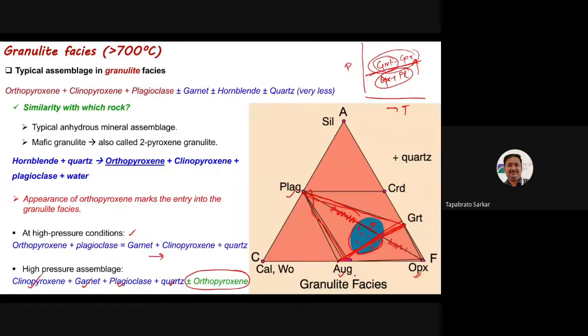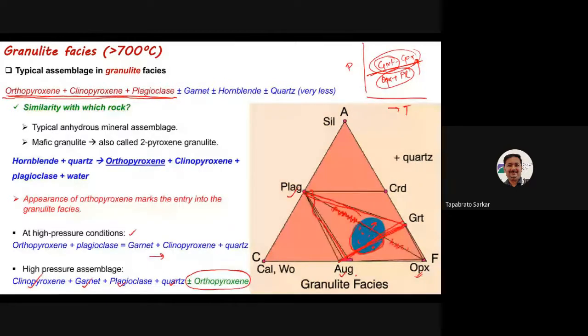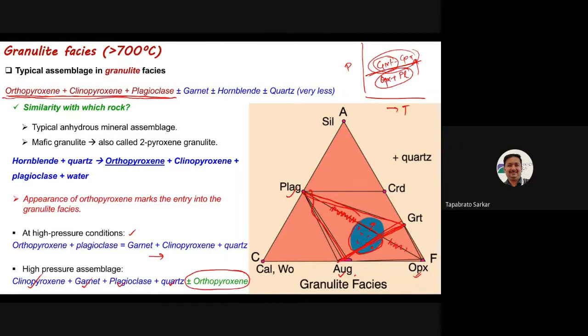One thing I missed to say. This mineralogical composition, OPX, CPX, plagioclase, tell me, what rock can you think of which has a similar mineral assemblage?